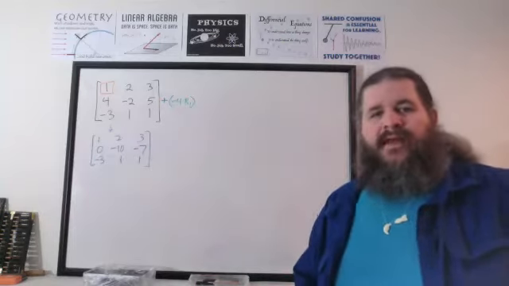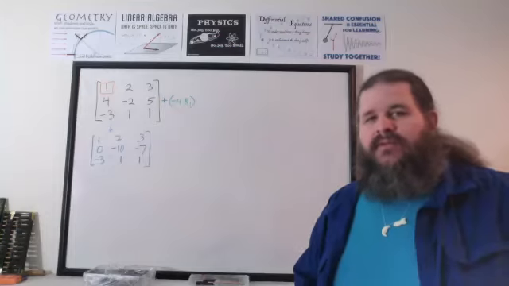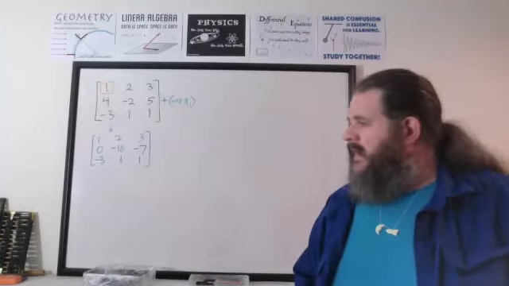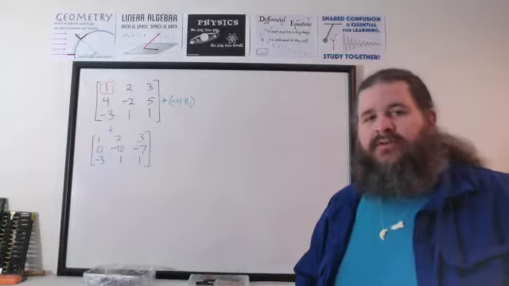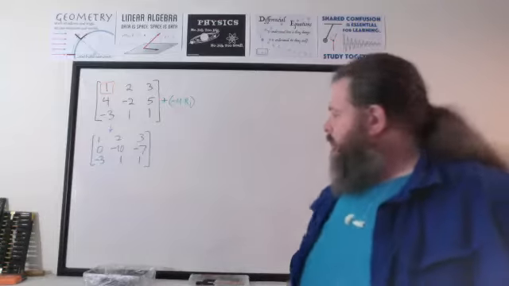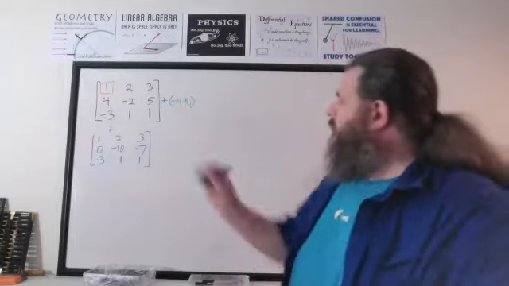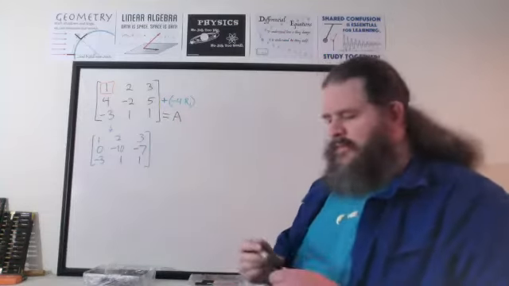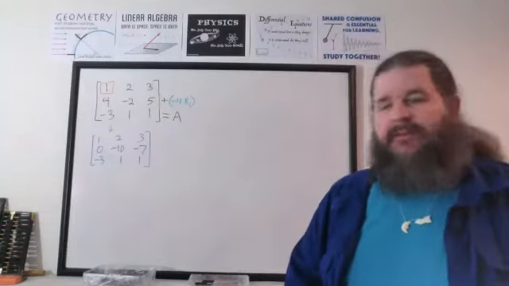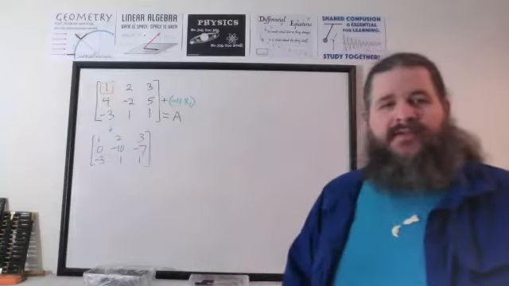What we've just done, that row operation, can also be represented as a transformation matrix. There's a matrix that will do that same thing. In other words, let's say we call this original matrix A. There's a matrix we can multiply matrix A by to turn it into this matrix.